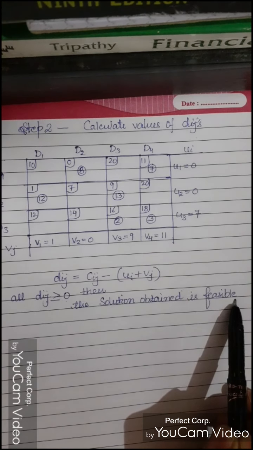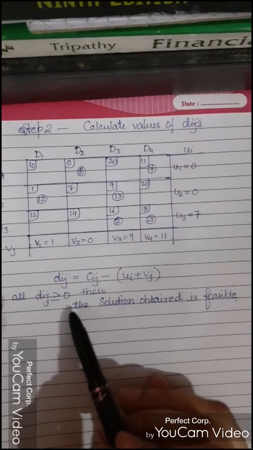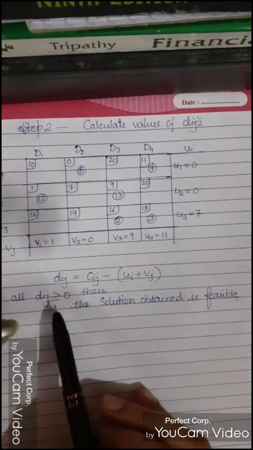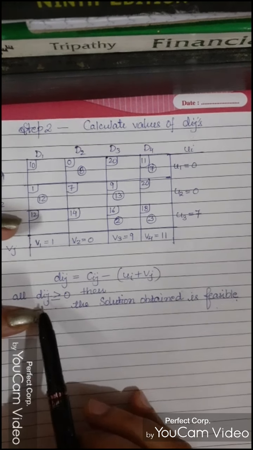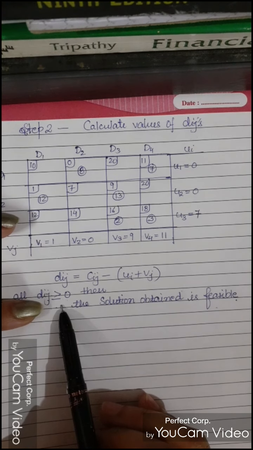After calculating the transportation cost from the allocations we obtained, we can say that the solution is feasible. But if all the Dij's are not greater than or equal to 0 and we get some negative values, then we have to move further.